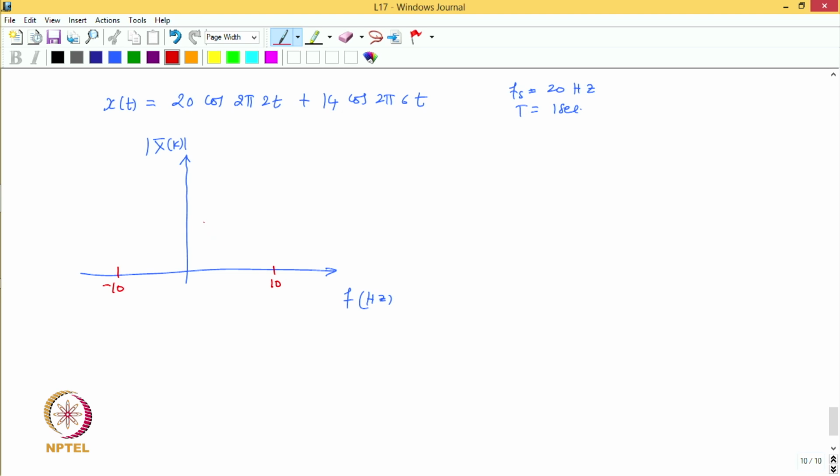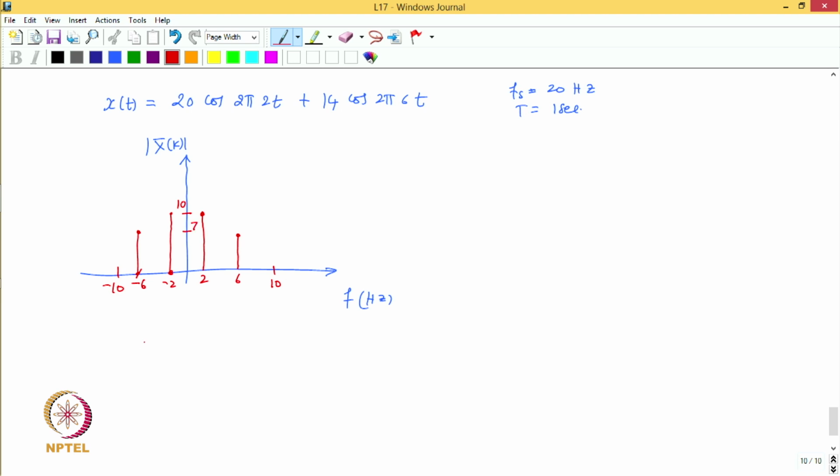We will have a frequency component at 2 hertz and also at minus 2 hertz of the same magnitude 10, and then a component at 6 hertz and also at minus 6 hertz, and the strength of this would be 7.